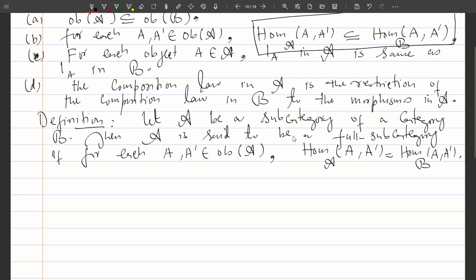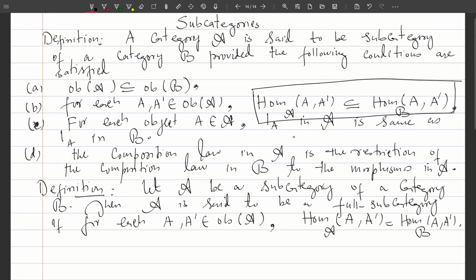If we look at the category GRP of all groups and the category AB of abelian groups, then AB is a full subcategory of GRP because every abelian group is a group. So the object class in AB is contained in the object class in GRP. Suppose we have two objects A and A prime in AB, so they are abelian groups.